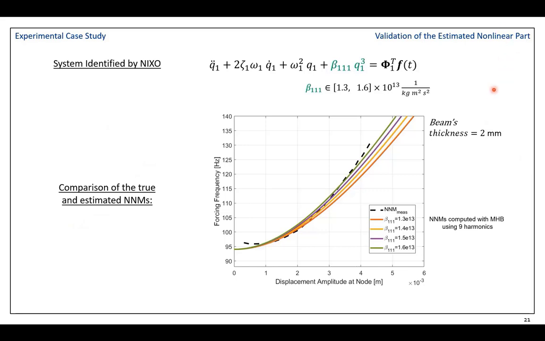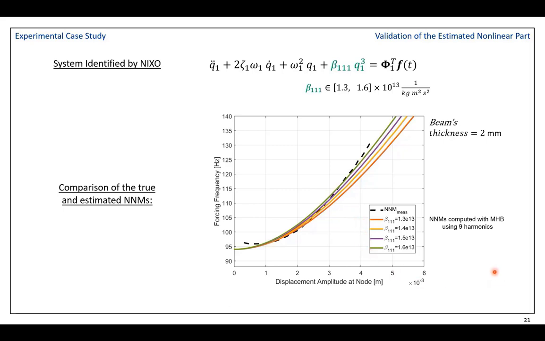When it comes to the nonlinear part of the system, NIXO found the value of beta 111 as a number between 1.3 and 1.6 times 10 to the power of 13. To validate these findings, we computed the NNM curves corresponding to this nonlinear equation of motion and 4 different beta 111 values from this range.